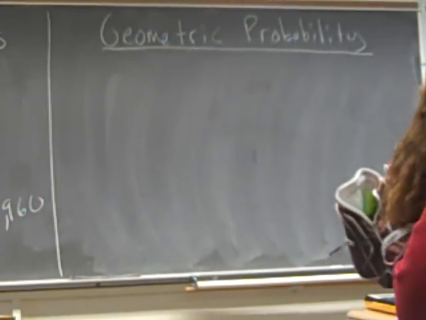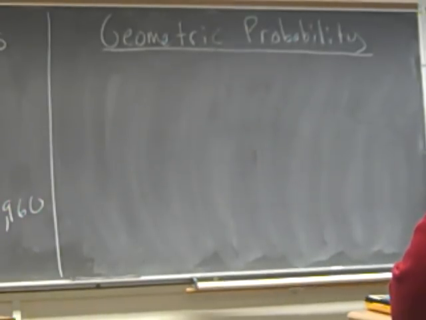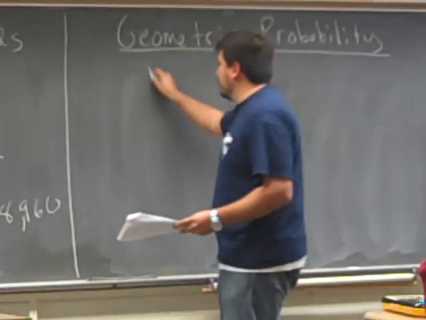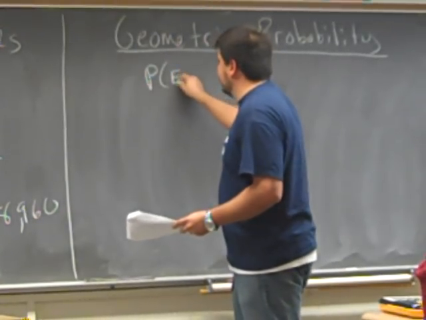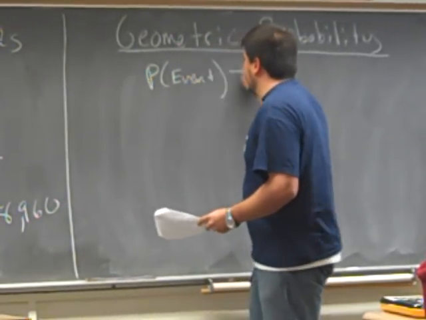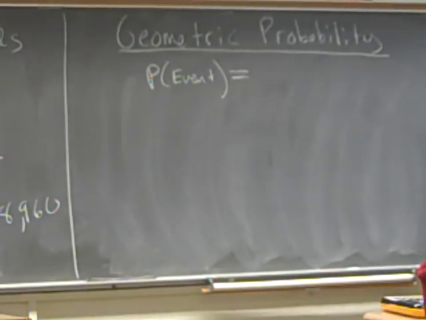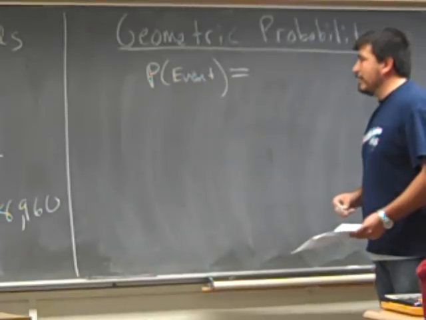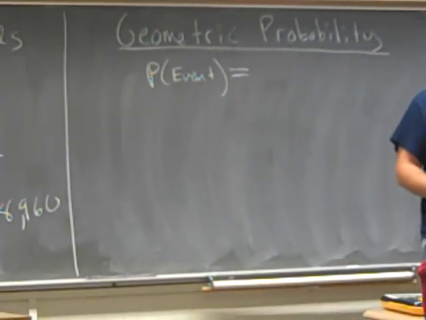Essentially what you have to know is that for geometric probability, the original definition, the probability of an event occurring, instead of counting the number of ways that you can get that event, now, since it's a geometric probability, the event will be something about either length, area, or volume.